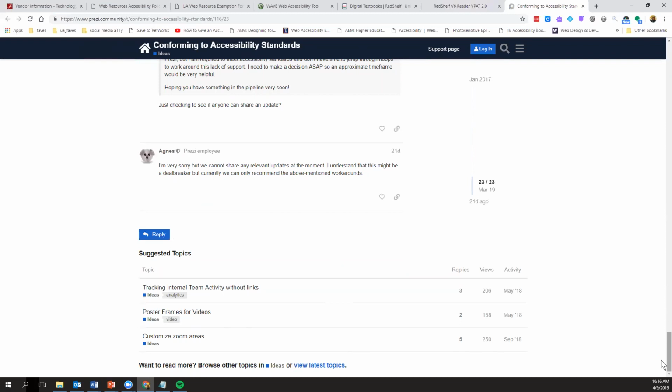So just contrasting the two, one seems to be comprehensive, went into detail about the accessibility of the product. It was completed by someone who's knowledgeable, in that case a company that Red Shelf contracted with to complete the VPAT, versus just generic, not yet responses for several years on a product support website.